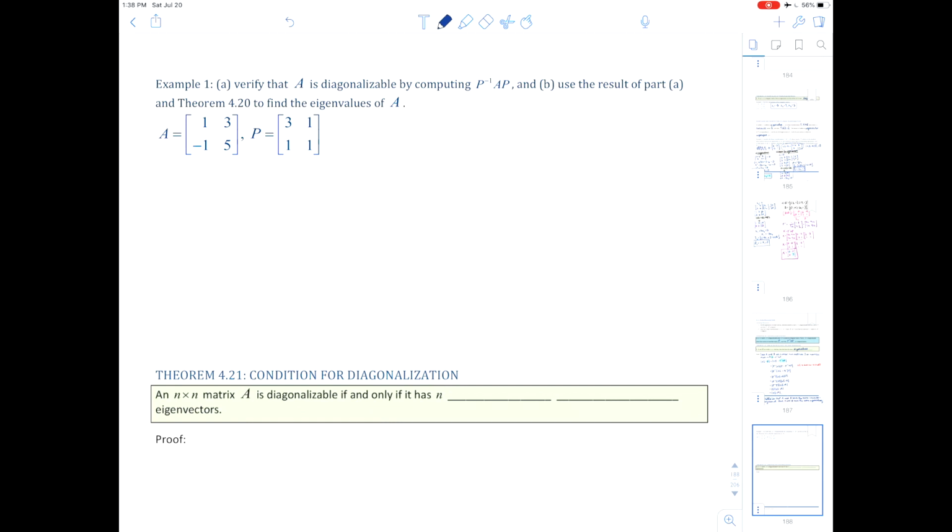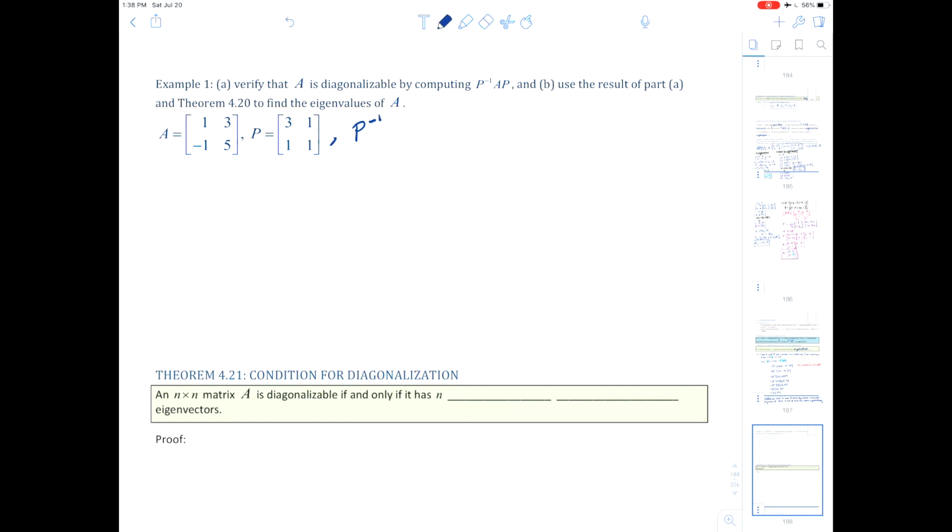Okay? So, for this first example, we want to verify that A is diagonalizable by computing P inverse times A times P. And then B, we want to use the result of part A and that previous theorem to find the eigenvalues of A. So, let's check it out. What do we have to do first? Awesome. We need to find P inverse, right?